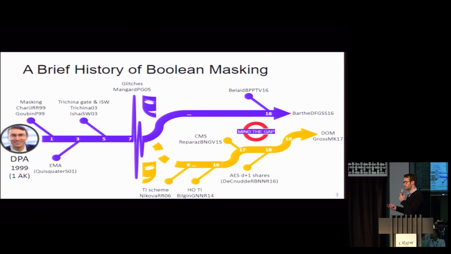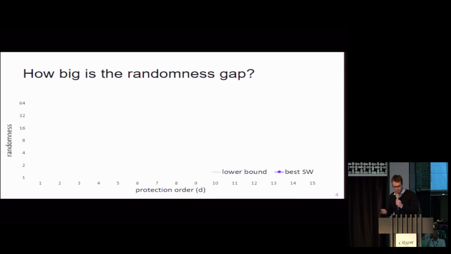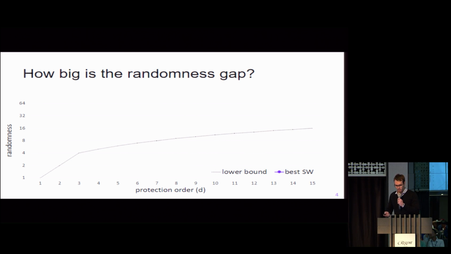But still, there is a gap that remains between the hardware and the software masking world in terms of randomness. So how big is this gap? As a baseline, I used the lower bound proven by Belaid et al. So we have the protection order here on the x-axis and the randomness requirement on the y-axis.